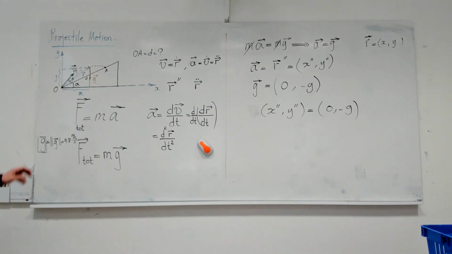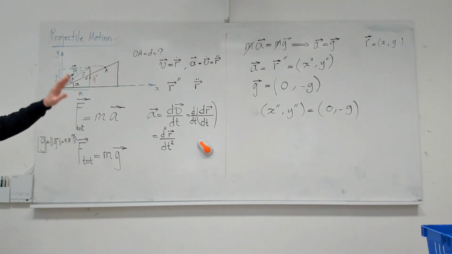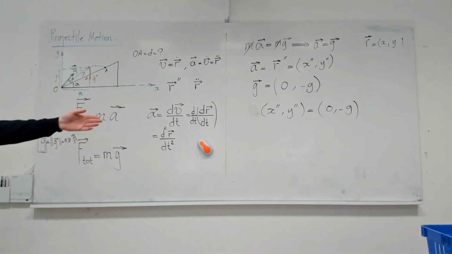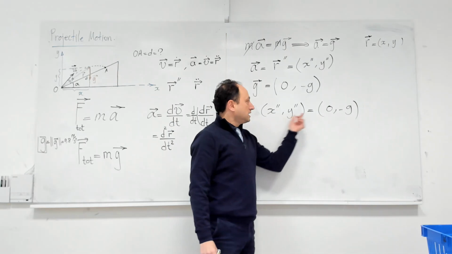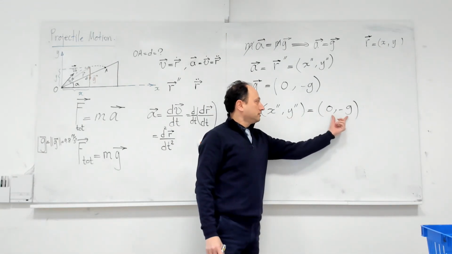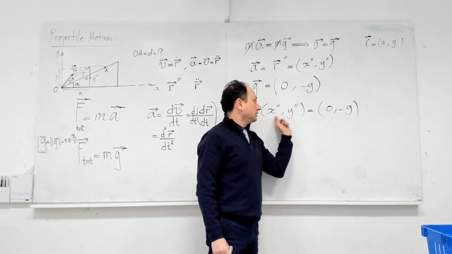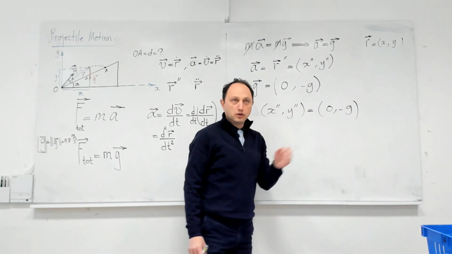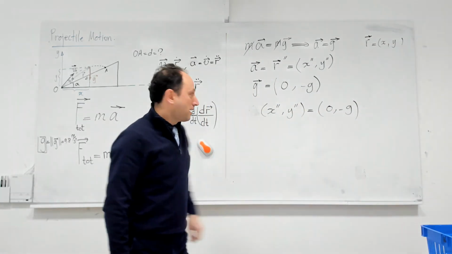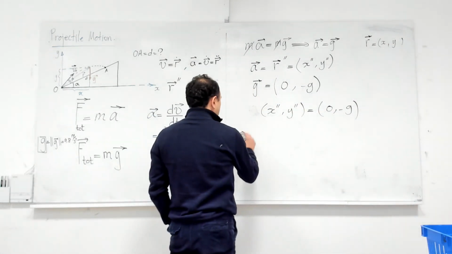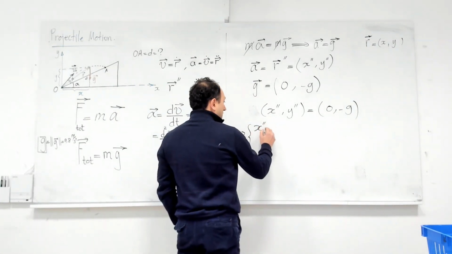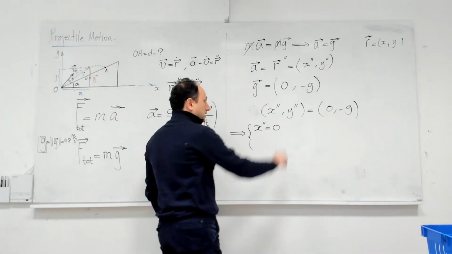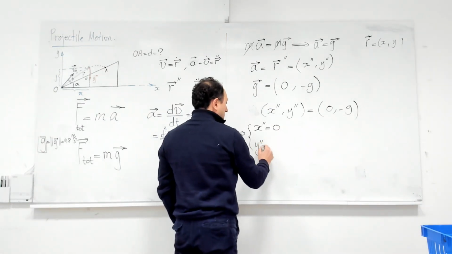You see that I started from Newton's second law. I want you to see the connection. If Newton's second law was not there, we couldn't write this. And then we learned that a vector is equal to another vector if and only if the components are equal correspondingly. So I get a system: x double dot is 0 and y double dot is negative G.